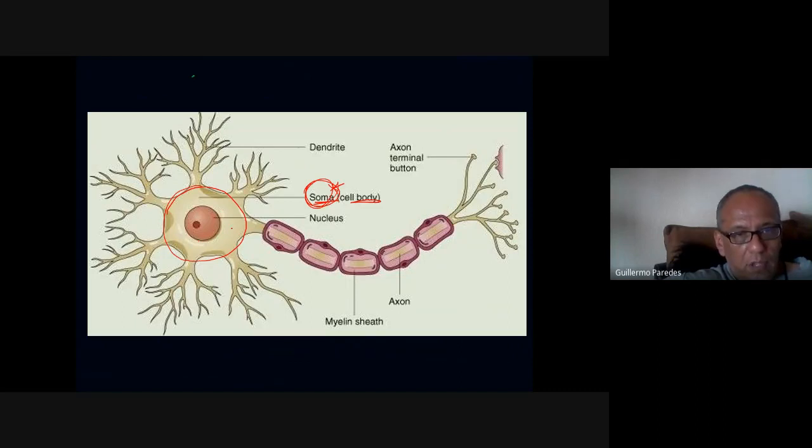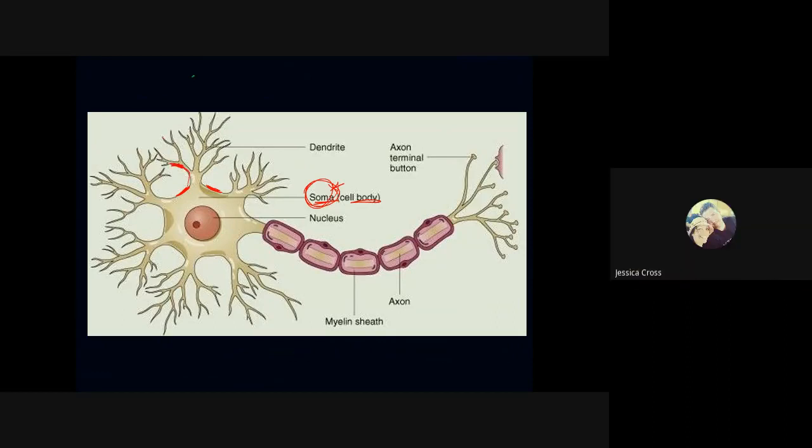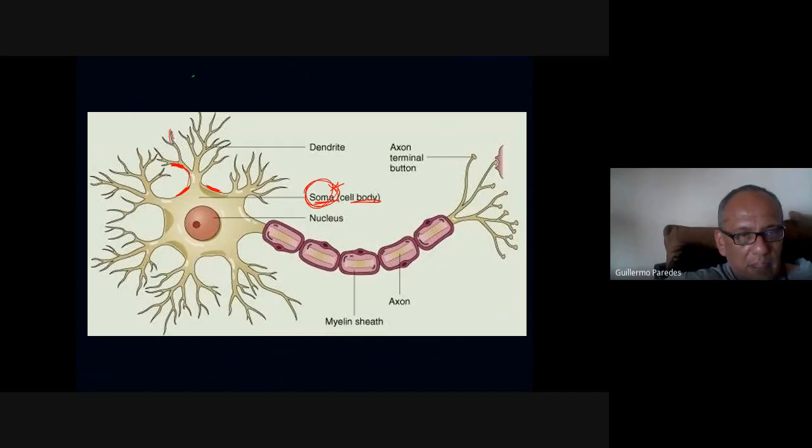From this, can you see the cell membrane of the cell? Look at this cell membrane. Is this cell membrane or no? You see, the cell membrane is a continuity here.